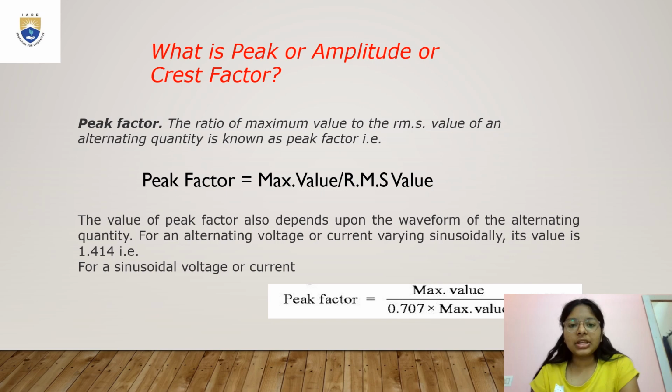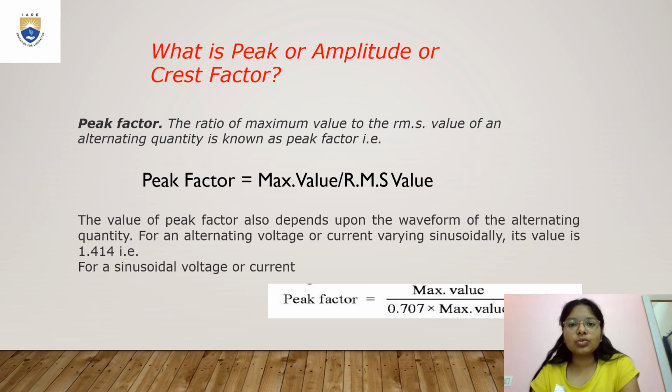Now, what is the peak or amplitude or crest factor? The ratio of the maximum value to the RMS value of an alternating quantity is known as the peak factor. That is, peak factor is equal to maximum value by RMS value. The value of the peak factor also depends upon the waveform of the alternating quantity.